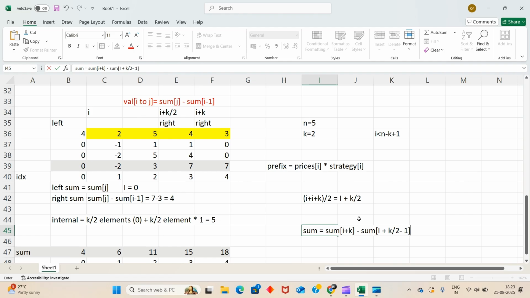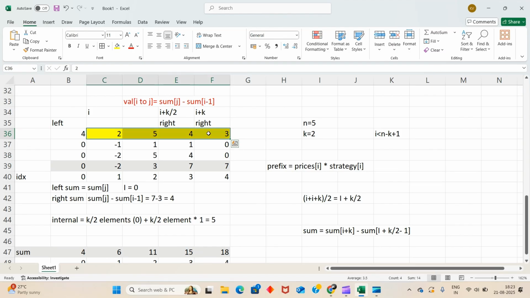Yes. Now, again there can be an edge case like this, where my i plus k by 2 is my last element. This is my window and this is the case.